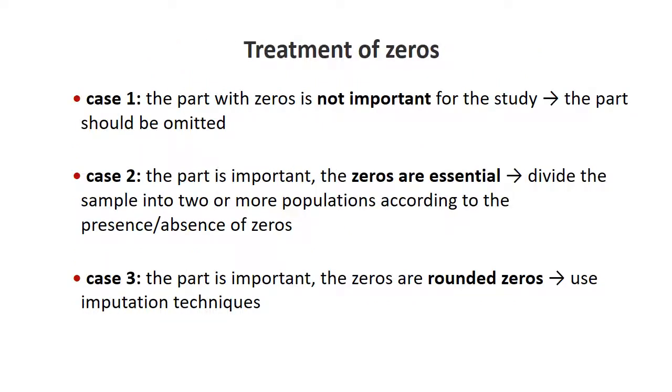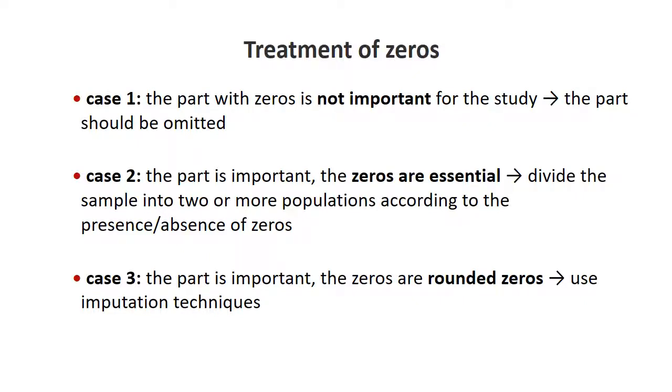So what about zeros? Zeros are absolutely a problem when you take a logarithm. There are a number of things we could do here. First, we could say they're not important, so let's just forget about that part. Or they could be essential, meaning there's something happening in that population that divides things into those that are zero and those that are not zero. That means we could possibly look at two different populations and treat those zeros separately.